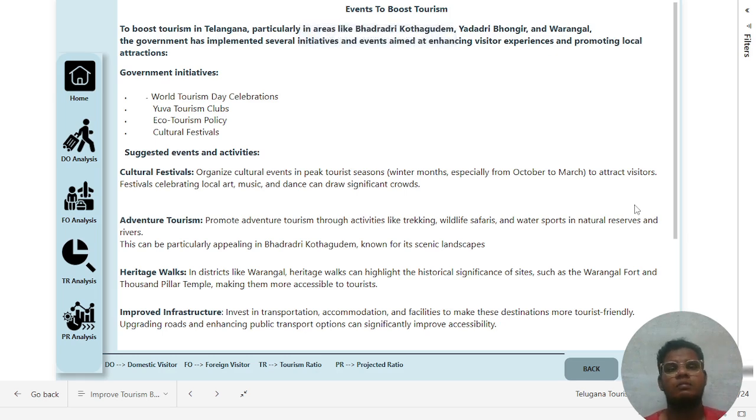Events to boost tourism. What are the events we may use to boost tourism in the next stage? To boost tourism in Telangana, particularly in areas like Pakhal, Kothagudem, Yadadri Bhongir, and Warangal, the government has implemented several initiatives and events aimed at enhancing visitor experience and promoting local attractions. Already, the government has taken initiatives like World Tourism Day celebrations and Tourism Clubs.